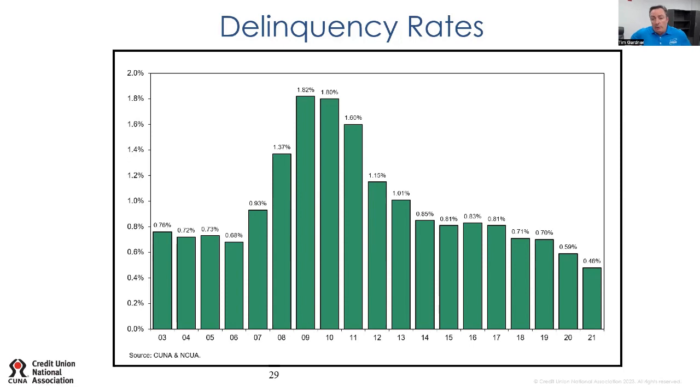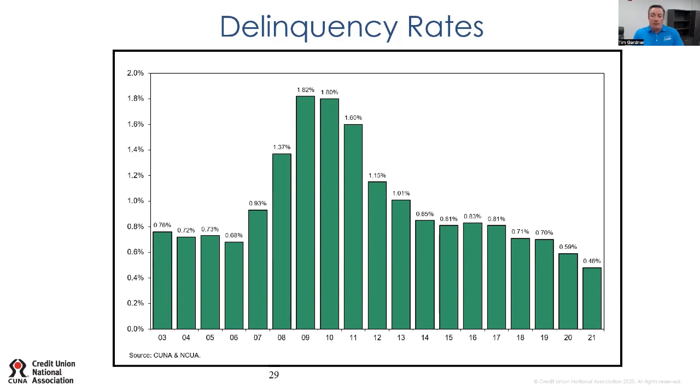And so as we worked our way through that, and now we're on the other side, delinquencies are coming back down. But when you look at your credit union numbers, when you look at the dollar amount of delinquencies over 60 days compared to total loans, when you see spikes that have occurred in the 5-year history of your credit union, that's where we can go in and look at what types of loans went delinquent.